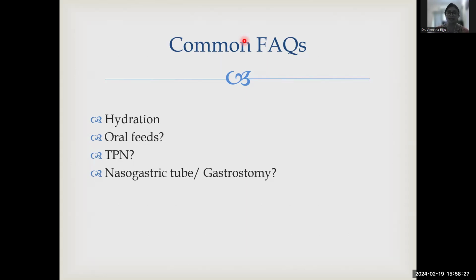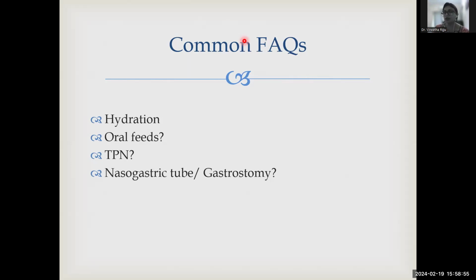Oral feeds, like I said, you can try sips of fluid, that's not a problem. Generally, you do not give total parenteral nutrition to a patient if that patient does not have a prognosis of more than 3 weeks. So a patient who is advised total parenteral nutrition should have at least 3 weeks of assured survival.